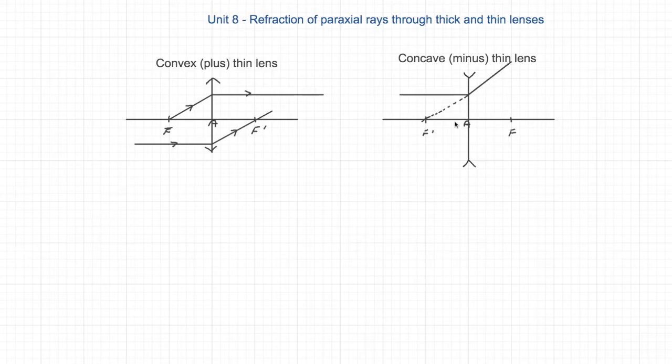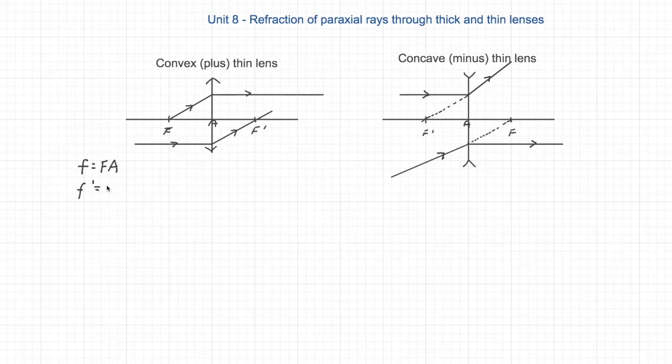When you place an object at the primary focal point F, its ray goes parallel to the optical axis. The same is true with a concave lens, except the rays never reach those points, but the ray appears to be coming from F prime, and the ray appears to be aimed toward F.